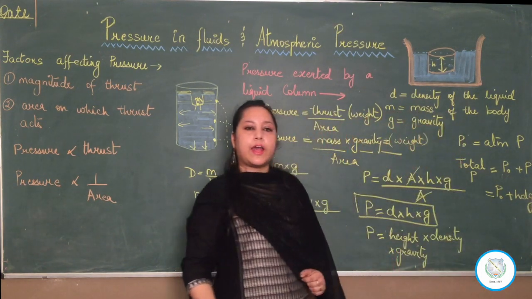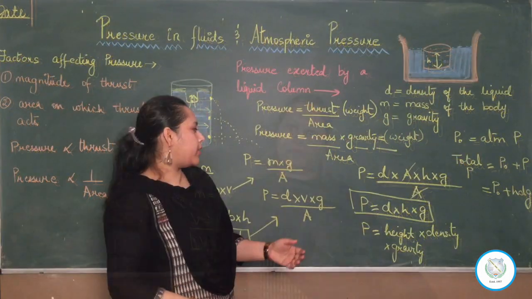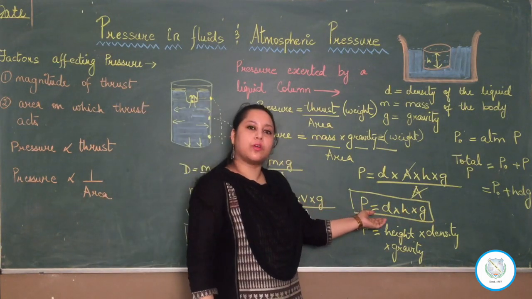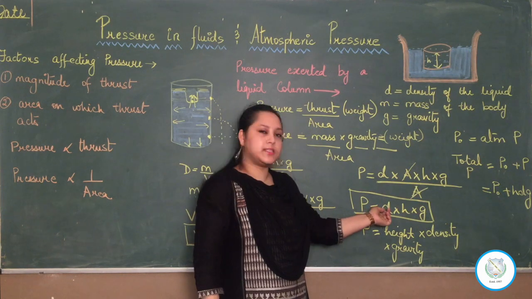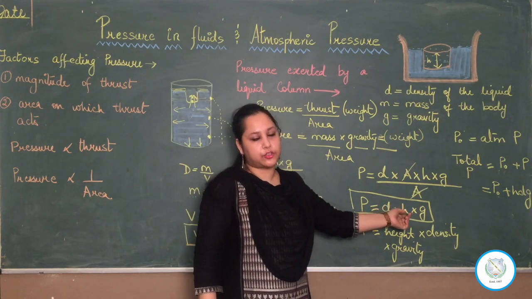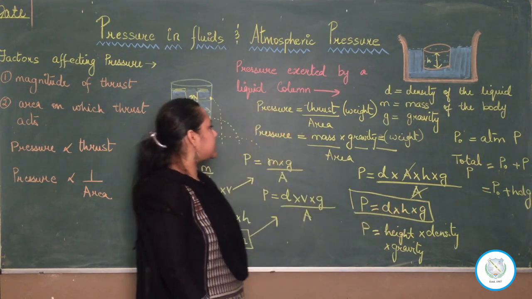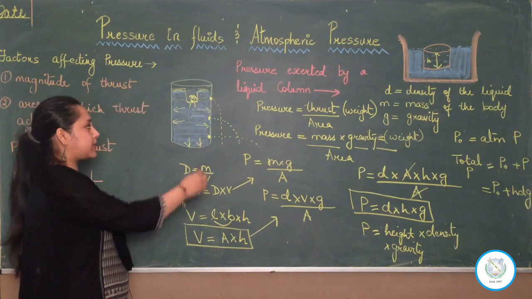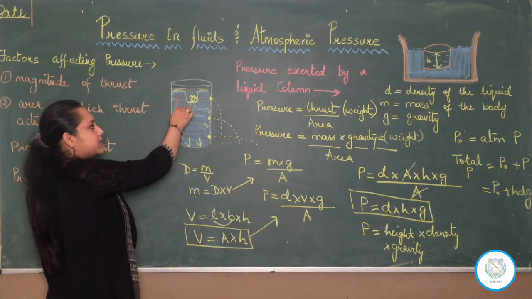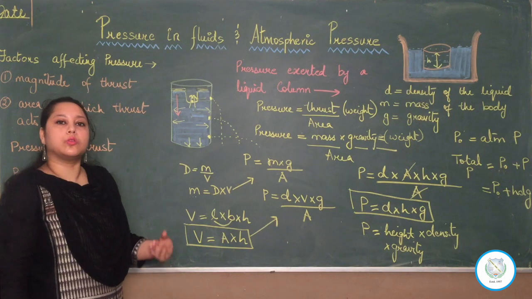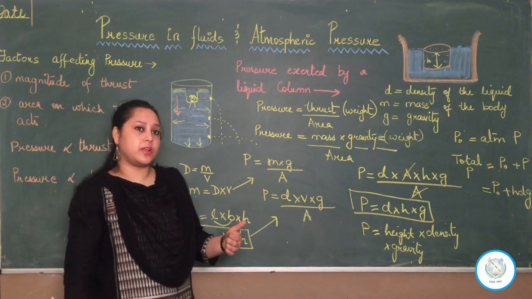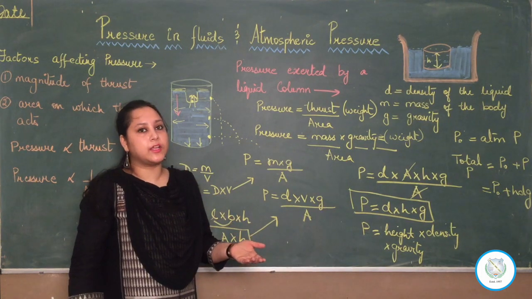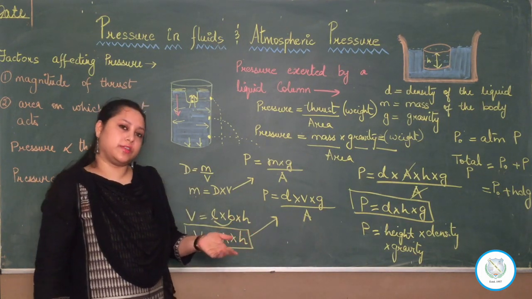Therefore, if we take gravity to be constant, we can say pressure depends upon density of a liquid and height or depth of the liquid. That means if we go deeper down inside, if height increases, the pressure applied will also increase. That is the first law of liquid pressure, that with increase in height, the pressure in the liquid increases.